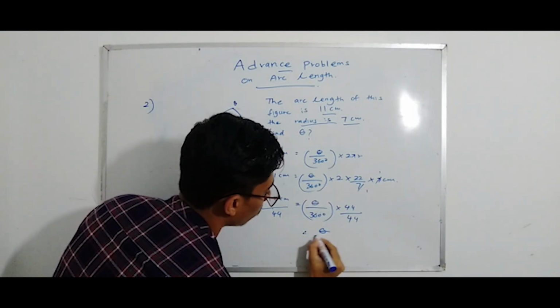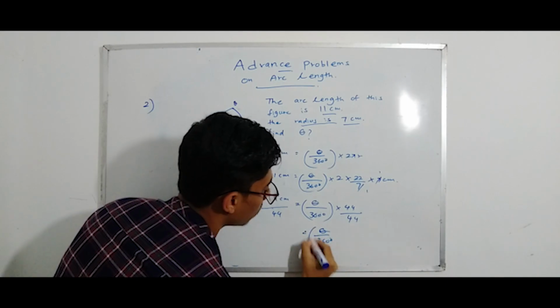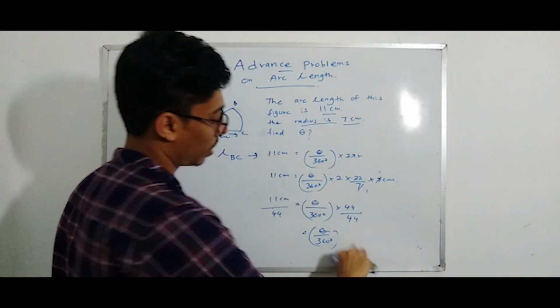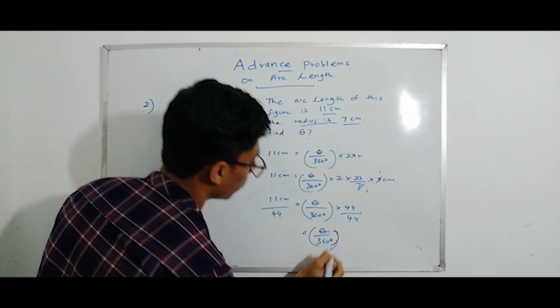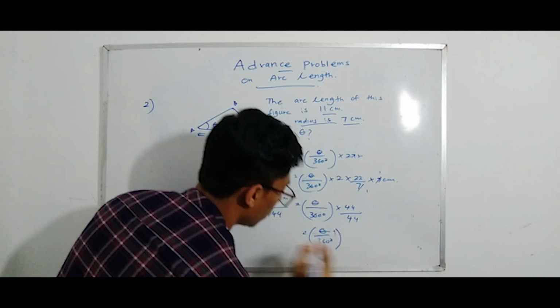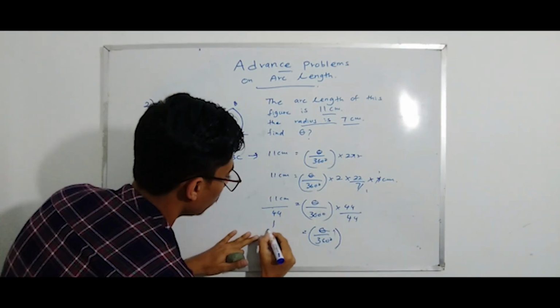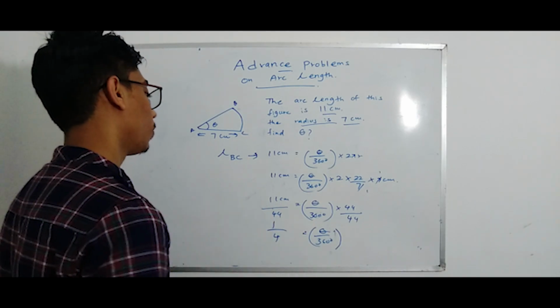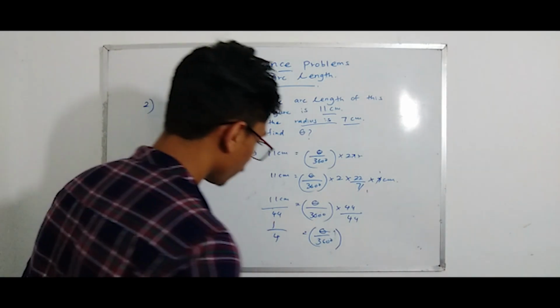So you get theta over 360 degrees, right? Here you get 1, same thing, so I erase it. I will write that one there. And you get 1 over 4 here. You can divide 11 by 11, you get 1. You can divide 44 by 11, you get 4, right?